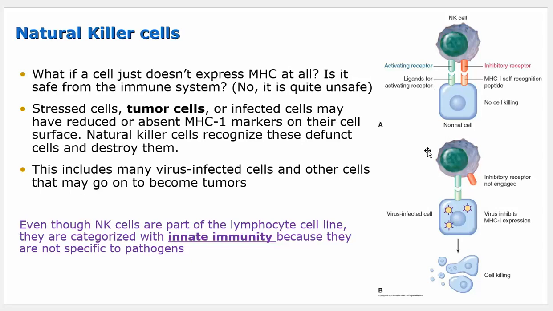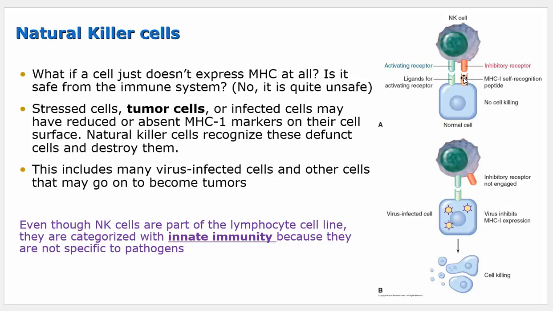But that's what happens if it doesn't have that MHC, then it wipes it out. So that's many times a day what's protecting us from forming tumors, cancers, and that kind of thing. And we mentioned this before, even though natural killer cells are part of that lymphocytic cell line, they're not adaptive.